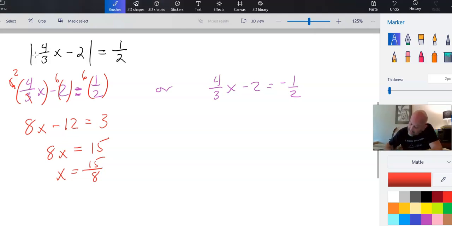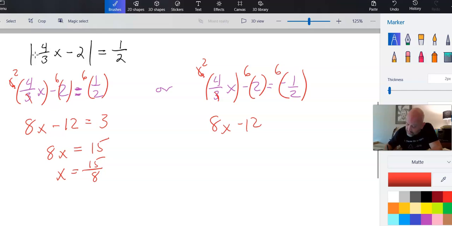Now we have to try out the same thing over here. So we're going to go ahead and multiply everyone by 6 again. What's nice is whatever you multiply the first equation by, you're going to be multiplying the second equation by the same number. So again, this cancels to give me a 2 here, so that makes 8x minus 12.